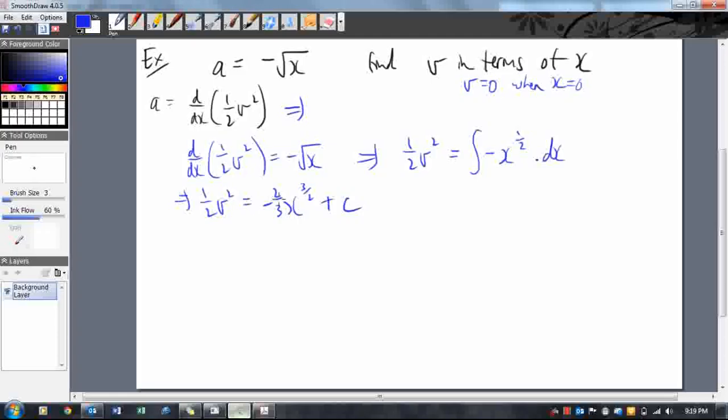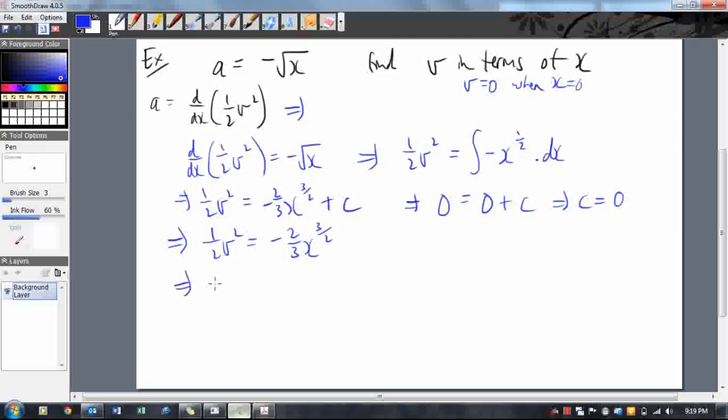Okay, let's now substitute v equals 0 when x equals 0, and so we'll substitute that into there. So therefore, we've got 0 equals 0 plus c. Therefore, c equals 0. Very interesting. Let's show some boring numbers. Therefore, I've got half v squared equals negative 2/3 x to the 3 over 2, and I just solve for v.